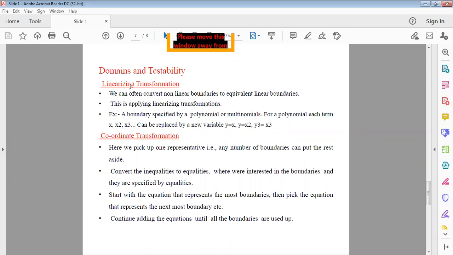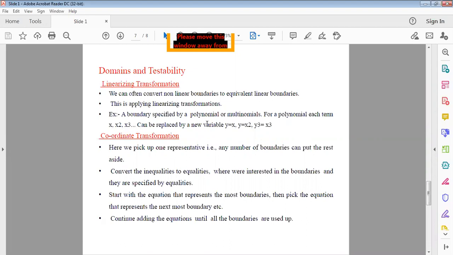What is a linearizing transformation? We can often convert non-linear boundaries to equivalent linear boundaries. This is applying linearization, called the linearization transformation. To convert non-linear to linear, the transform is in an equation model. For example, we take the nominal terms x square and x cube as nominal terms for non-linear.